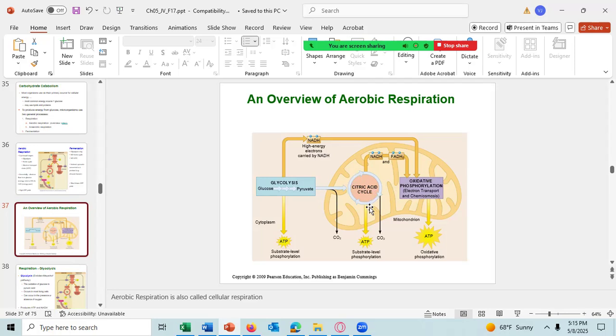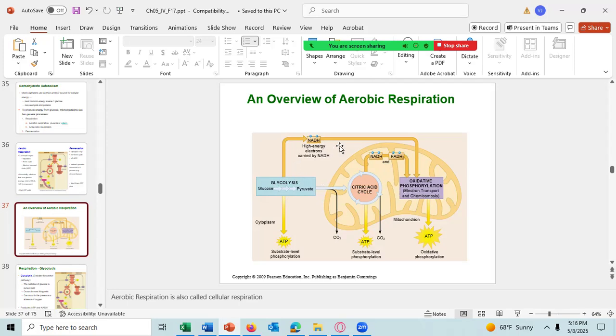In the Krebs cycle, some ATP is made, some more NADH and FADH2 are made, and the carbon in glucose, converted to pyruvate, gets all burned into CO2 in the preparatory step and the Krebs cycle, shown here and here. Some ATP is made. The NADH and the FADH2 carry the electrons that ultimately came from glucose to the electron transport chain, or the third process of aerobic respiration.